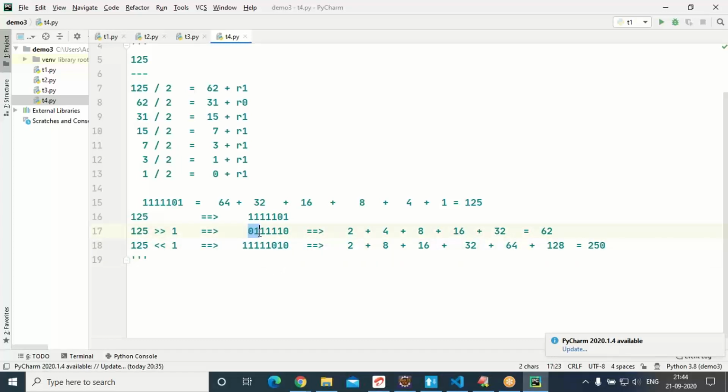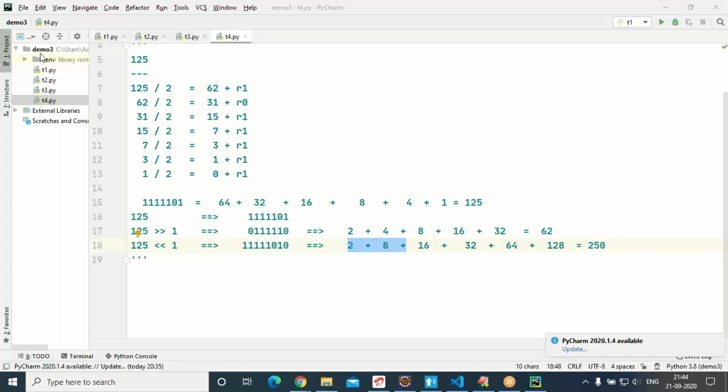After getting the right shift binary representation, convert it into numeric. After getting the left shift binary representation, convert it into numeric. Very simple.